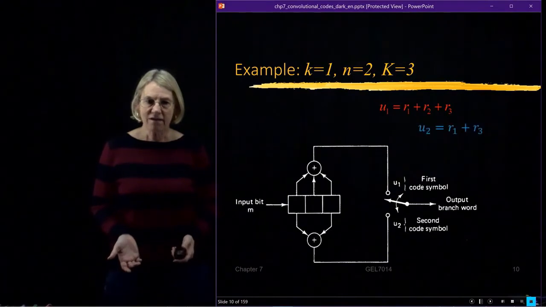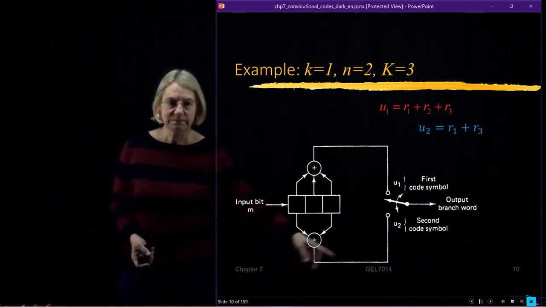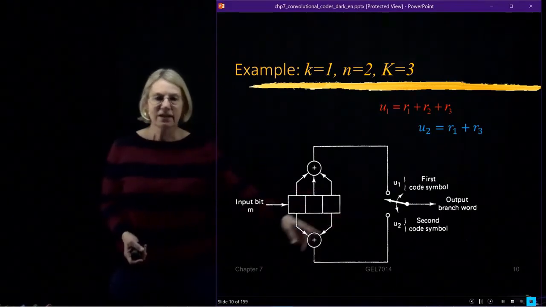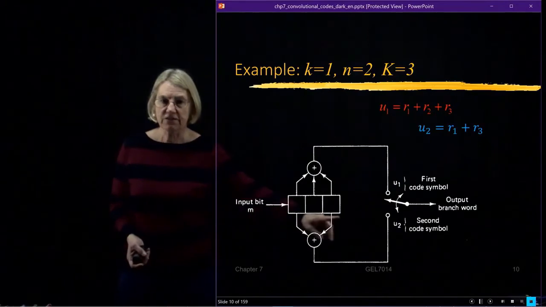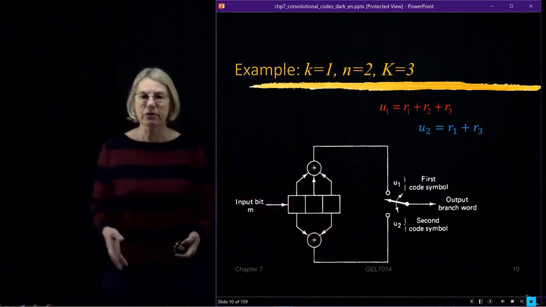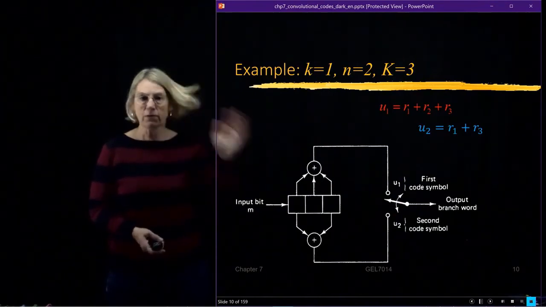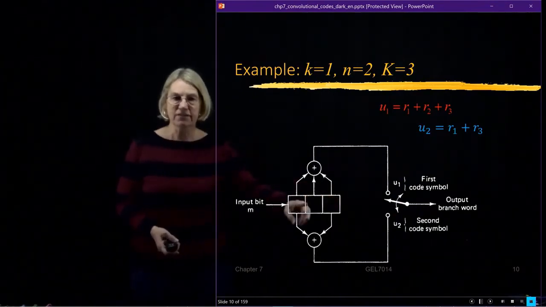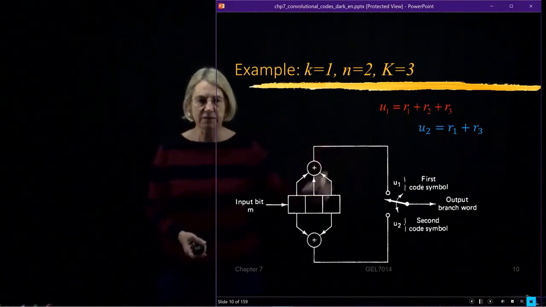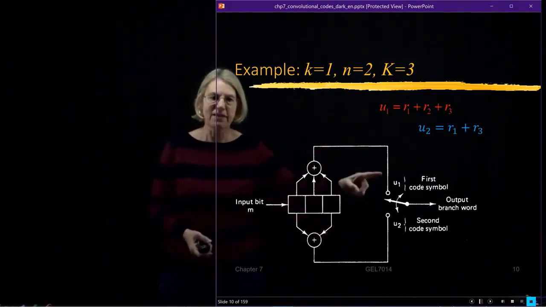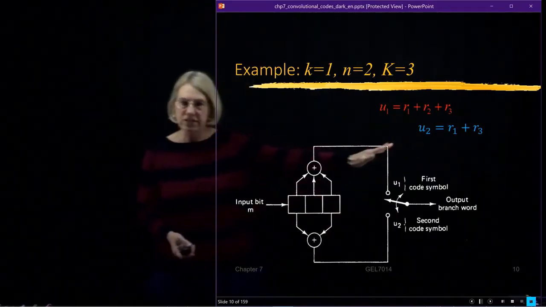In the same way, the second code bit is also a function, but a different function. Now it's only the first and the third registers which contribute to the second bit of the code word. So I would shift in 3 values in here, make one calculation, get the first bit, make another calculation, get the second bit, and then line them up, first bit followed by second bit, and that is what's being output.